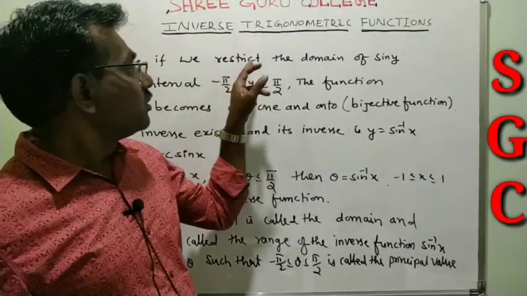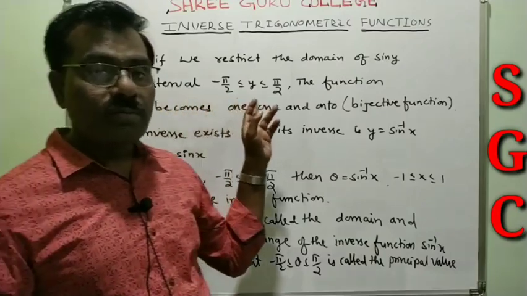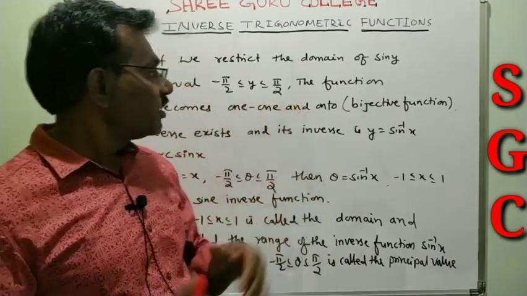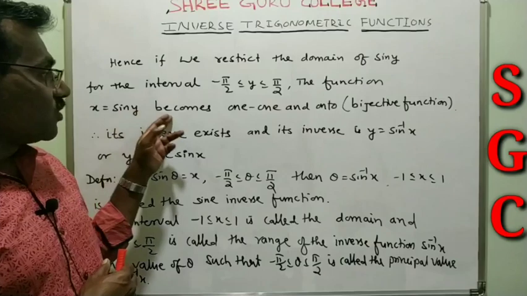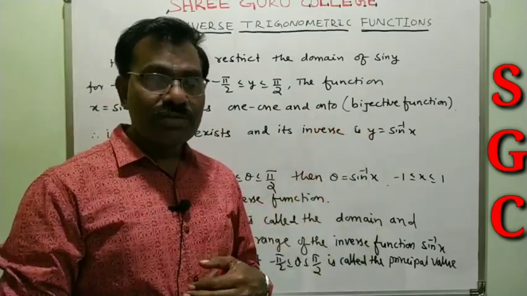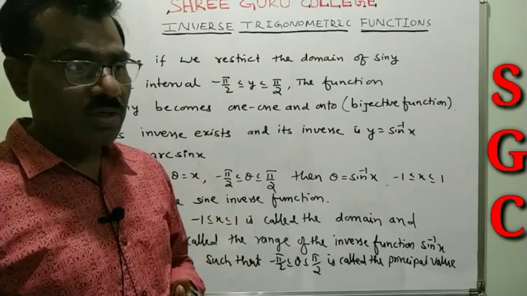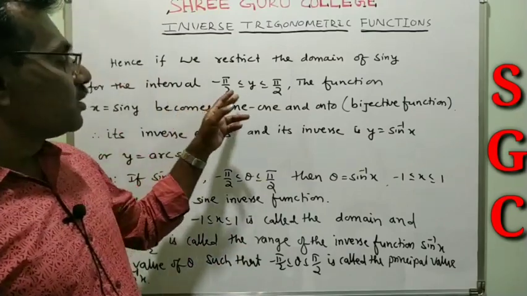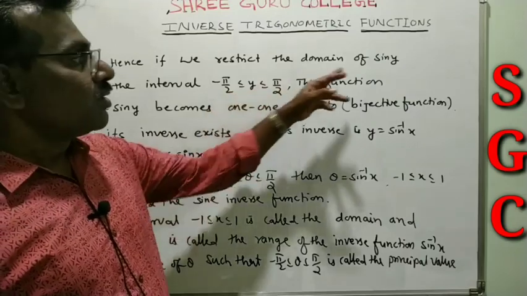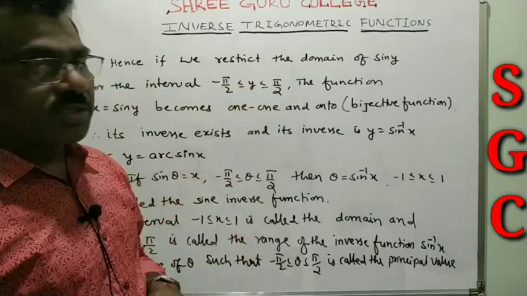Hence if we restrict the domain of sin y to the interval minus 90 to plus 90, the function x is sin y becomes one-one and onto. It is nothing but a bijective function. So when x is sin y is one-one and onto, the restricted value of y lies between minus 90 to plus 90.